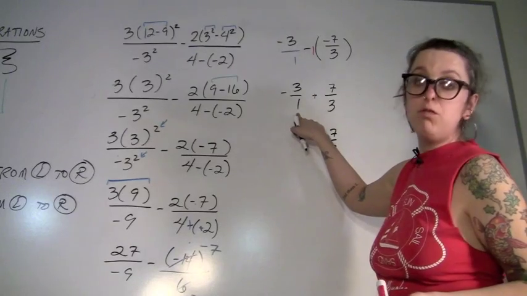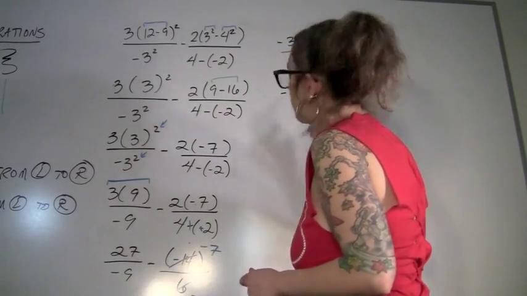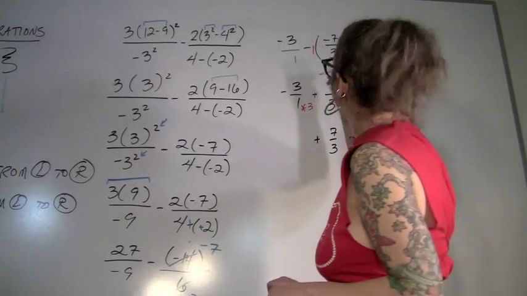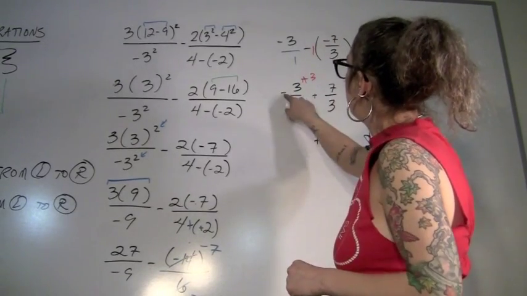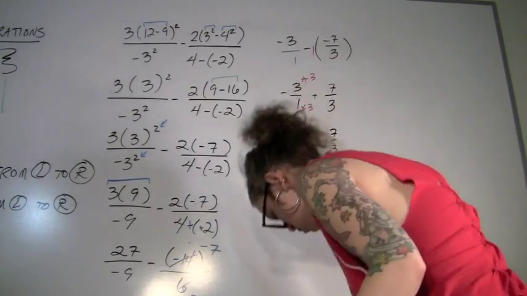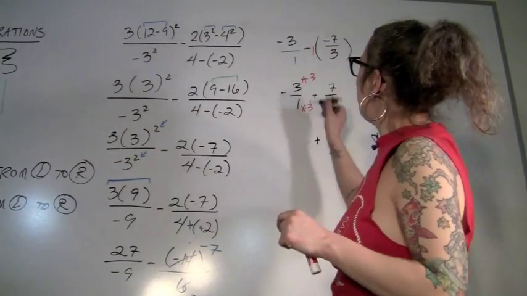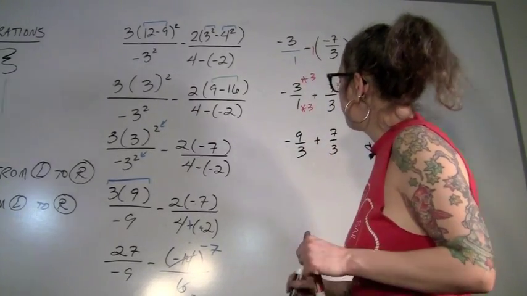I'm going to change this 1 into a 3 by timesing. Whatever you do to the bottom of a fraction, you got to do to the top. So I got negative 3 times 3 for negative 9, 1 times 3 for 3.